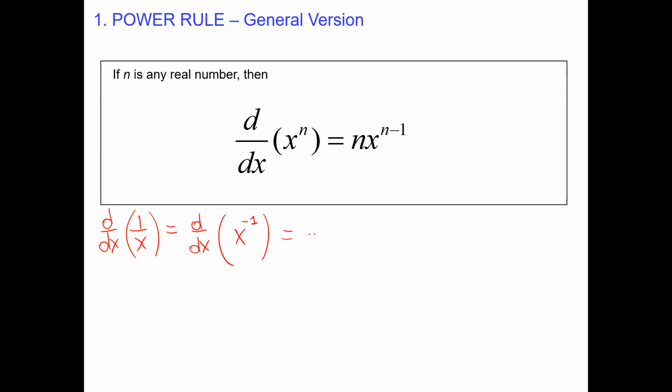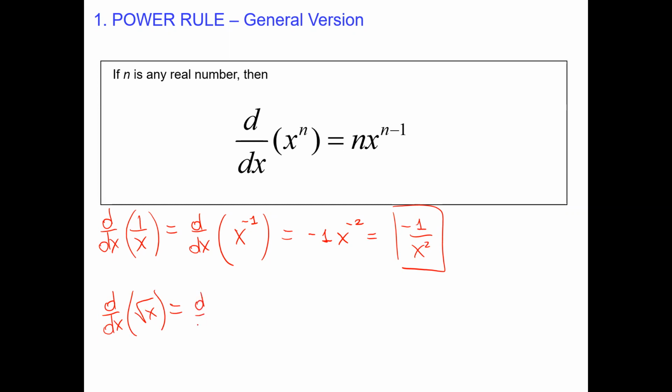Then we say negative 1 times x to the power of negative 1 minus 1, which is negative 2. Rewriting without the negative exponent, the derivative is negative 1 over x squared.